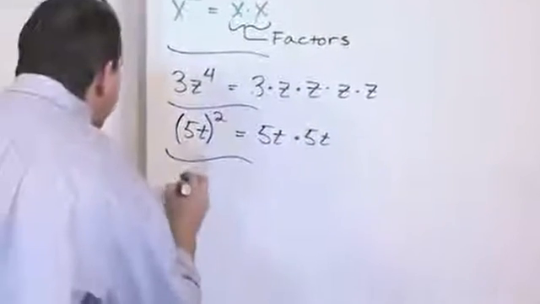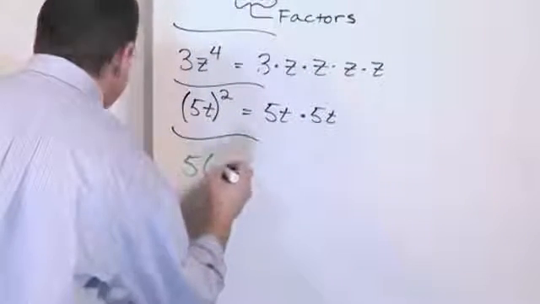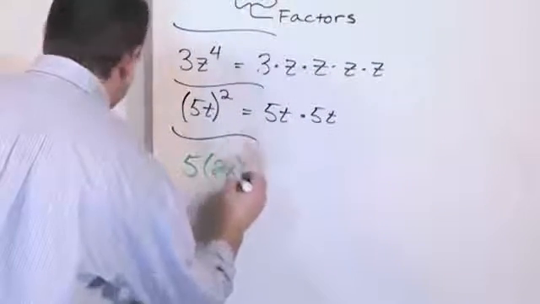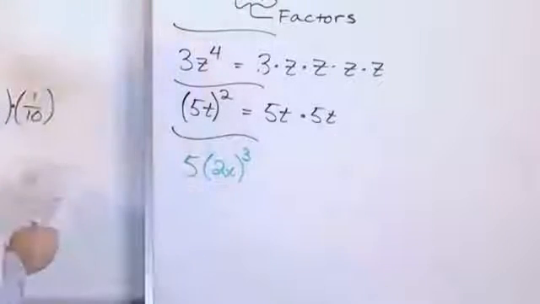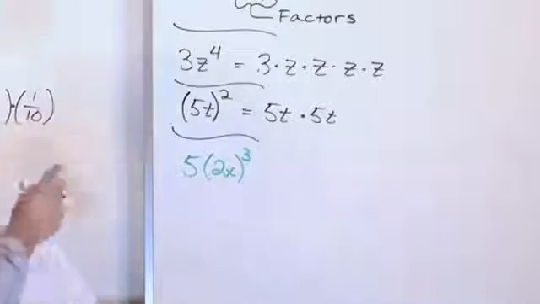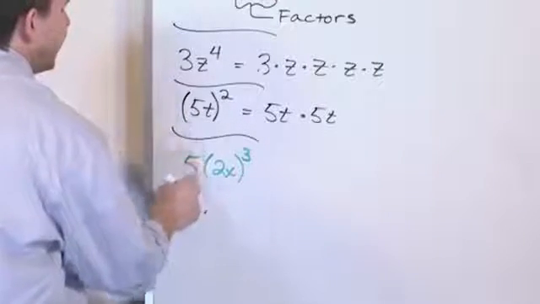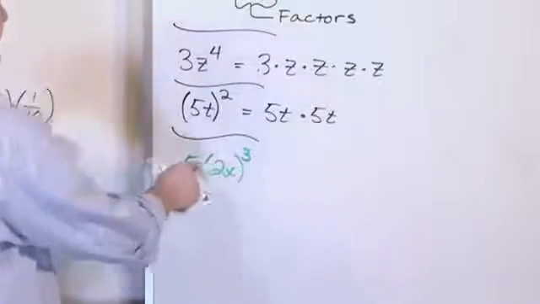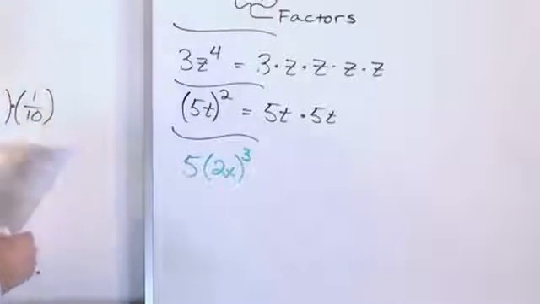Let's say we have 5 times, parentheses, 2x to the 3rd power. How do you think that's going to be written? 2x to the 3rd power. Well, like I said, the 5 is sitting next to something without anything in between, so you should really think of it as being multiplied.